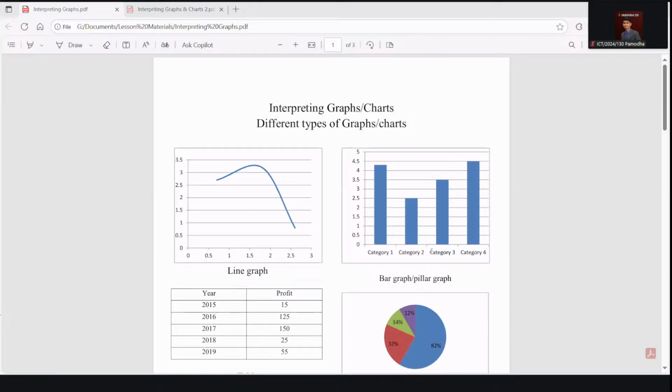Only thing is we need to change the two axes. Now here we can say on the vertical axis, the figures are there. On the horizontal axis, categories. Now we change. No problem. Good question. We will discuss different types of graphs. Bars begin at the vertical axis and horizontal axis both.